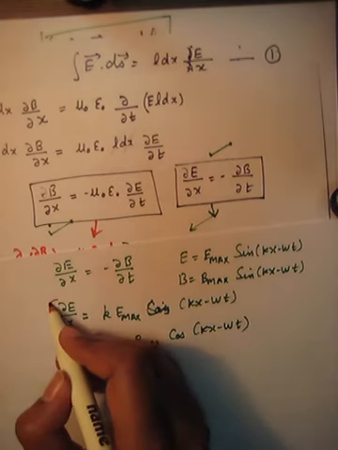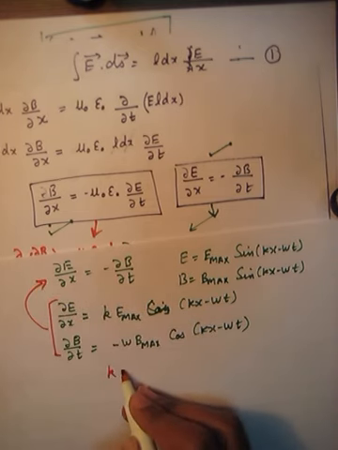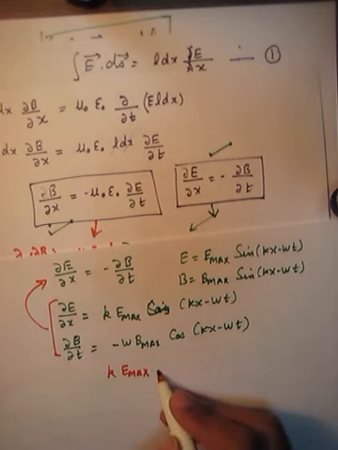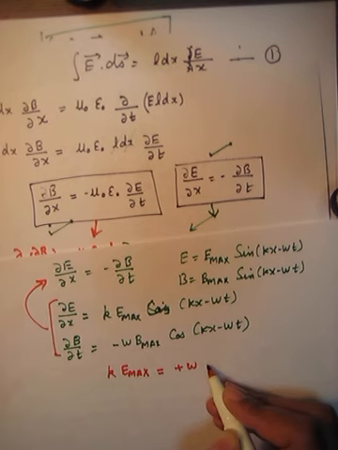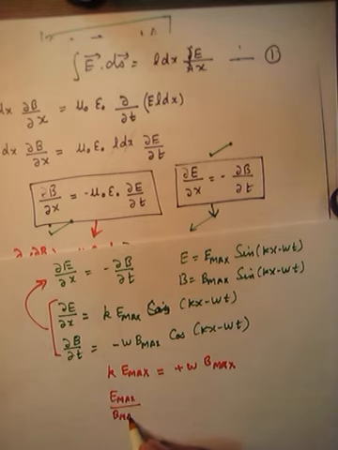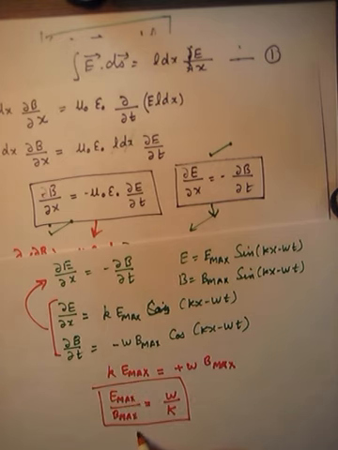So now just put these two in this equation, and what you will get is k into E maximum is equal to plus ω B maximum, which means that E maximum upon B maximum will be equal to ω upon k, and we know that ω upon k is equal to c, so this should be equal to c.